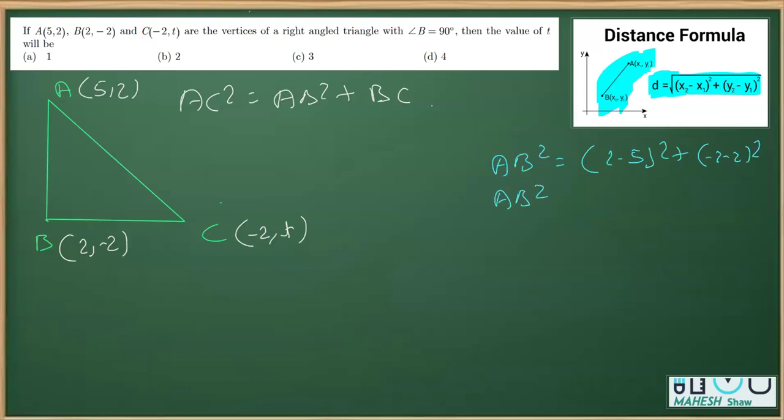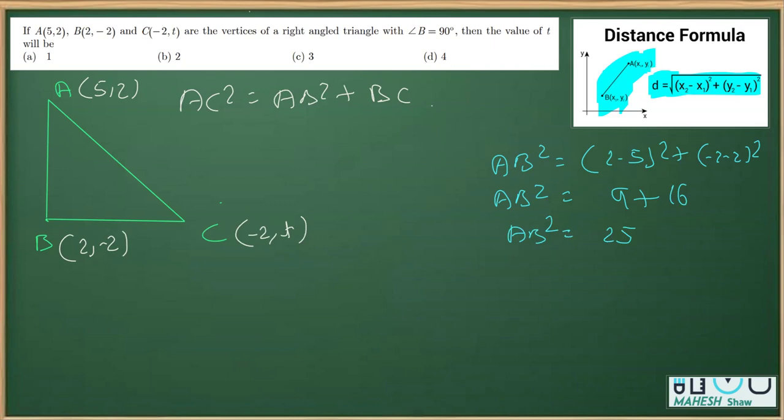That is minus 3 whole square, which is 9, and minus 4 whole square, which is 16. So AB square comes out to be 25. Do not take the under root, because we need AB square and not AB.